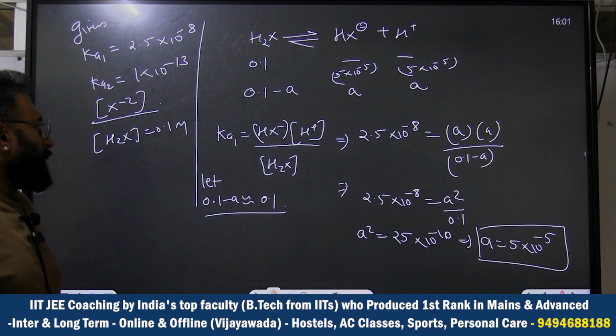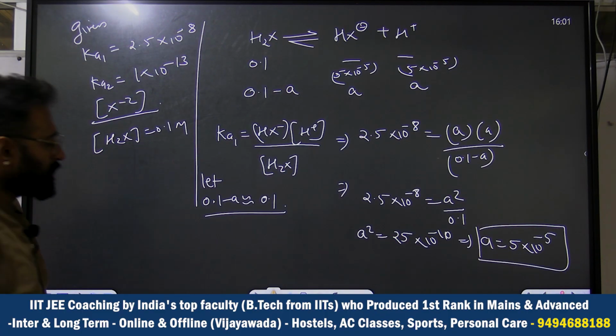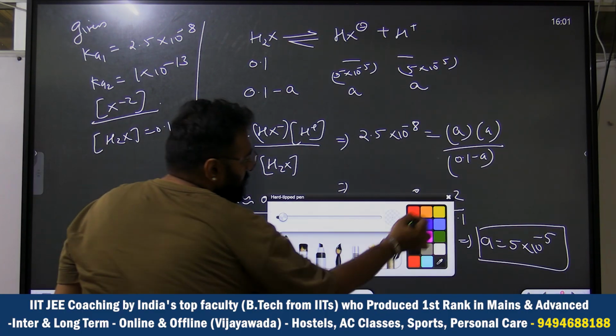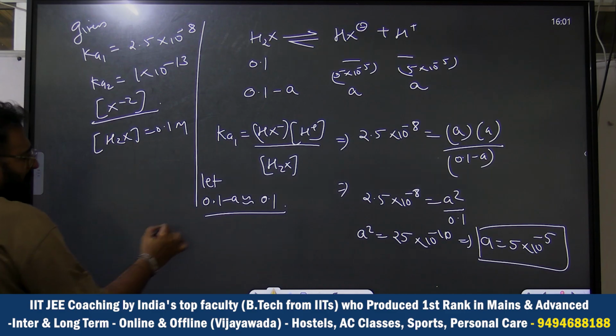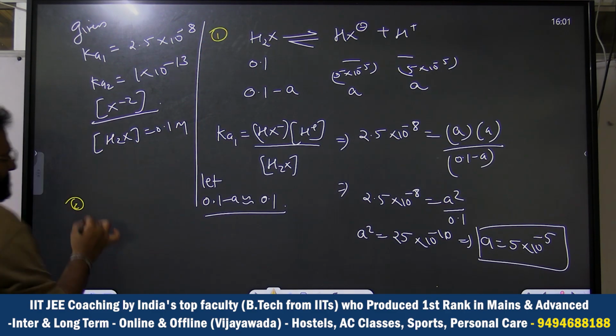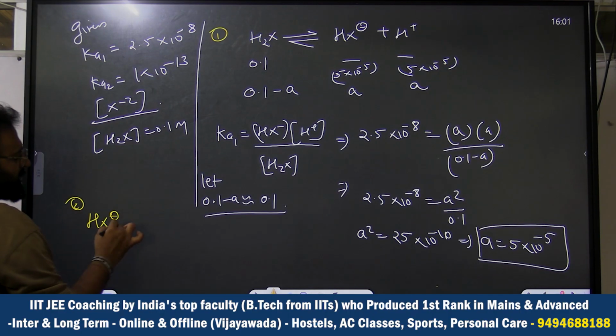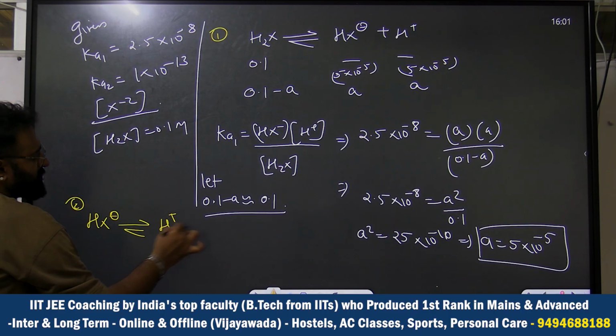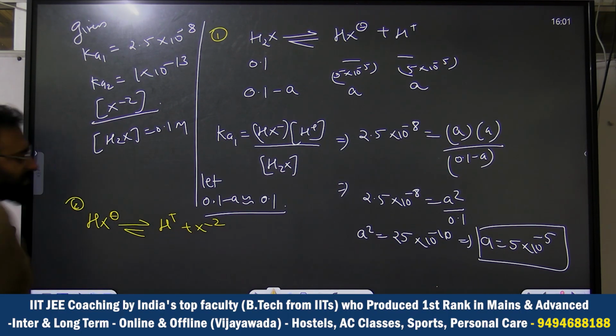Correct? Now we need to find the concentration of X2 minus. So how to find it? This is the first equation, we will take the second equation. HX minus gives H plus X2 minus. Correct?